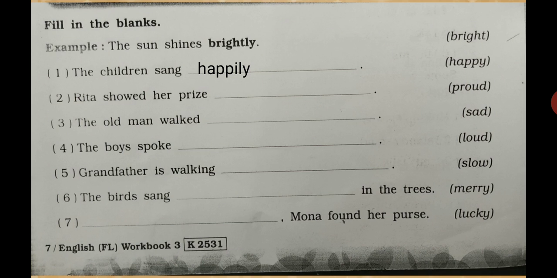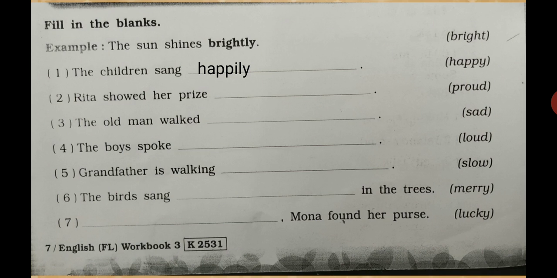So what will we do? Whatever word is given in the bracket, we have to write the adverb of manner form of the adjective. So two examples are there. The sun shines. What will be there in the bracket? Bright. So bright becomes brightly. And the second example, the children sang. Happy becomes happily.